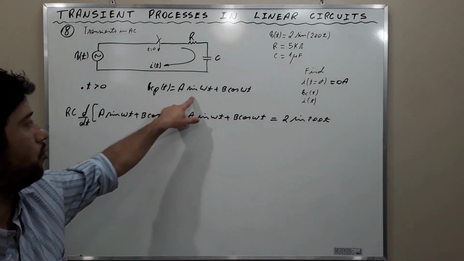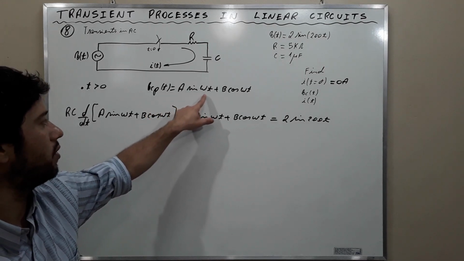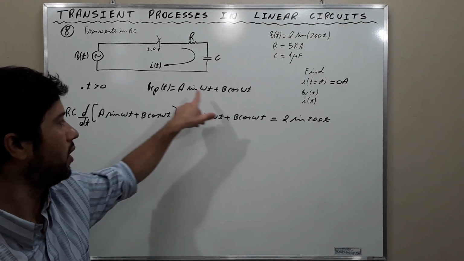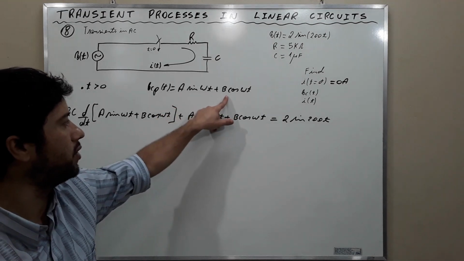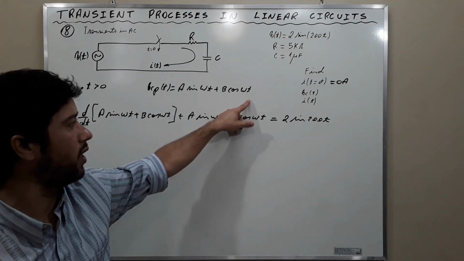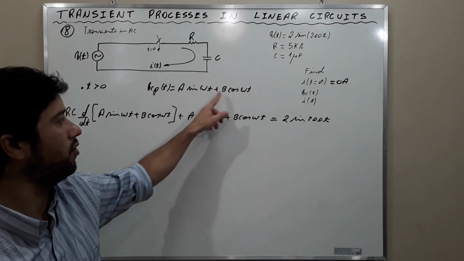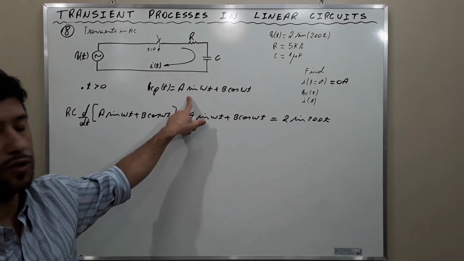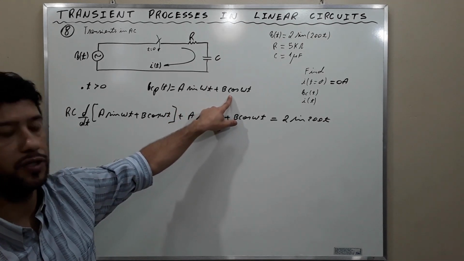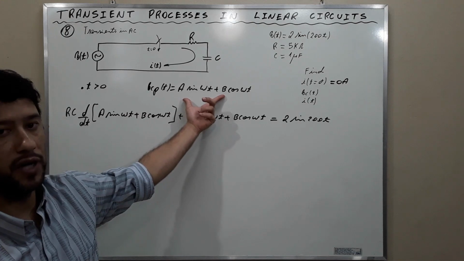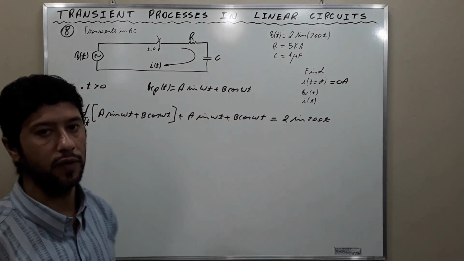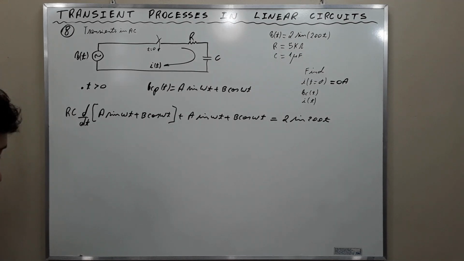I had written here A times sine Wt and repeated the sine, but no. It is A times sine Wt plus B times the cosine Wt, because one is the derivative of the other. Using both sine and cosine, we fully reflect the nature of the forcing term. That's why we do this in this way.